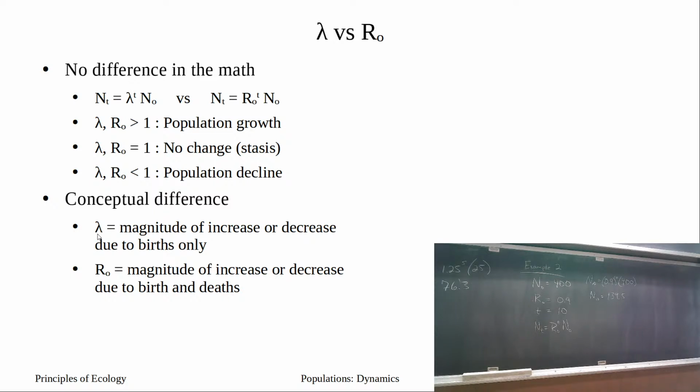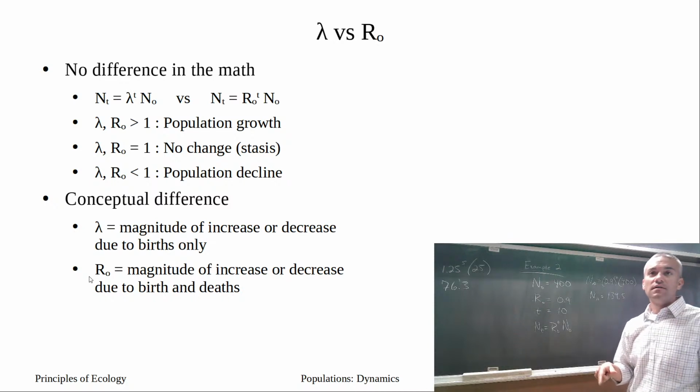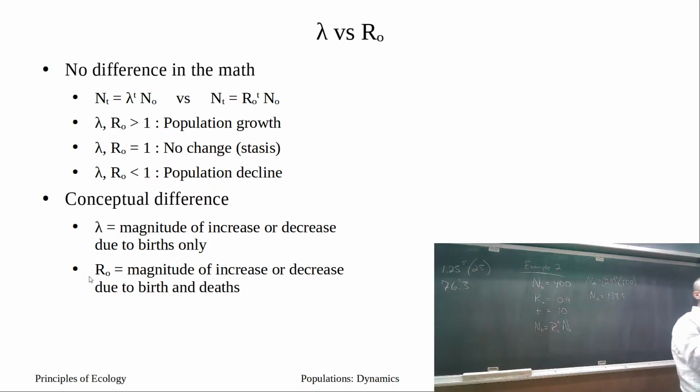Either we have more than enough births to replace everyone and increase, or we're not having enough births to maintain our population size, and thus it declines. Our net reproductive rate, though, accounts for both births and deaths, because we have to account for survival to reproductive age. And we have overlapping generations. Some of our adults are going to be reproducing when their offspring start to reproduce.